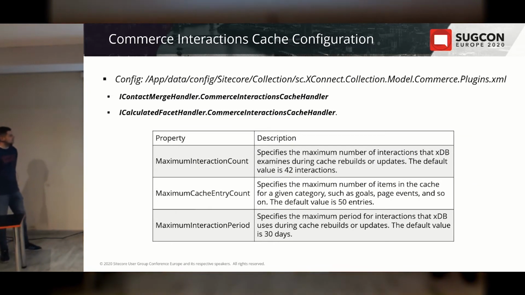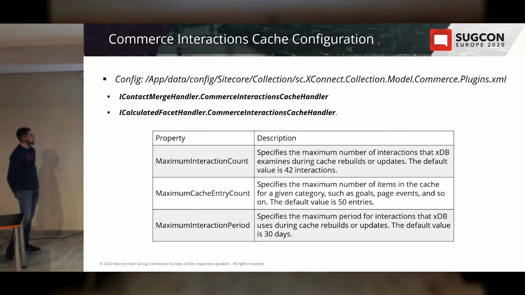Also, all this configuration for the commerce interaction cache you can make in xConnect. Basically, here it's a config file where we can manage it. In case we need to change something, we need to update the configuration in 2 places.